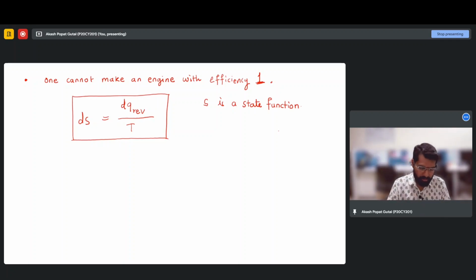And at the end, I would like to tell there is the Clausius statement, which is important for today's problem.